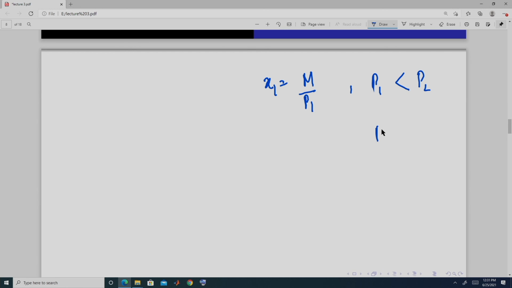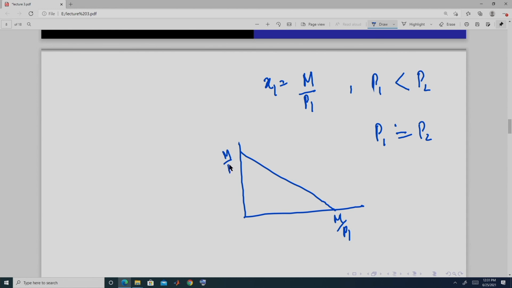Now if P1 is equal to P2, in this case you draw the budget line, this height and base are the same, m by p1 is the same as m by p2. So any point is going to be an optimal point.